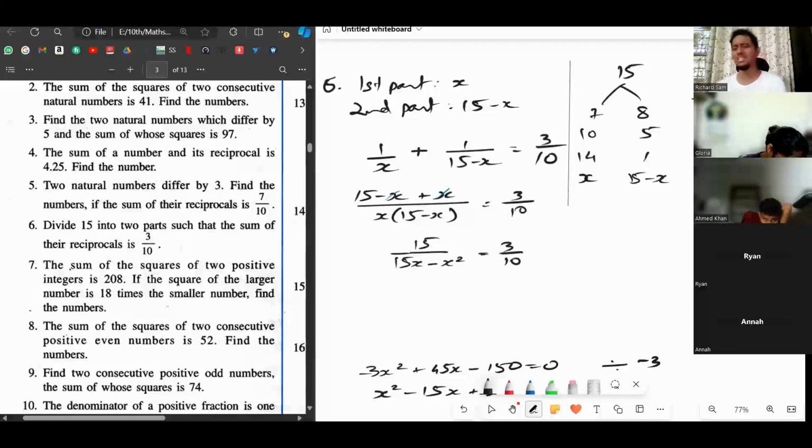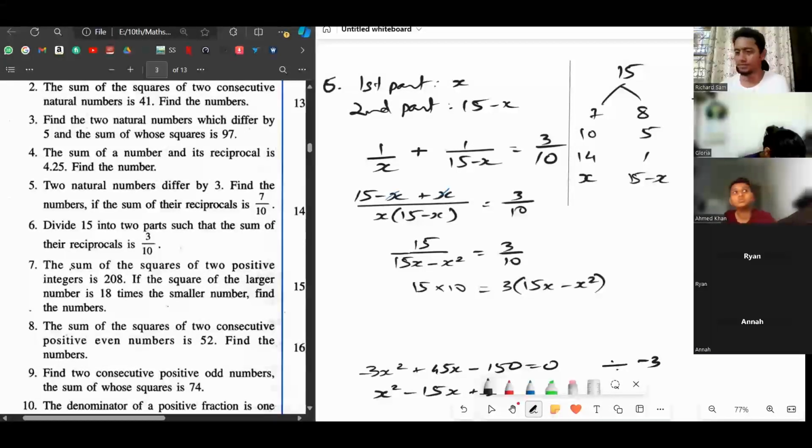Before you cross multiply anything, first you solve it as much as you can. Now here what sign do we have in the middle? Equal to. So when you have equal to, the cross multiplication is very simple. Just cross, no denominator. So 15 into 10 equal to 3 into this whole thing, 3 into 15x minus x squared.